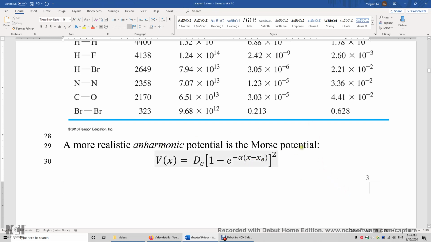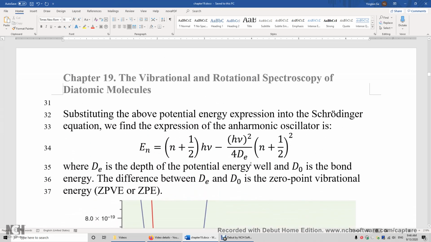All right, so if you look at this potential, it's not quadratic, so we say it's anharmonic potential. And then if you solve the Schrodinger equation with the anharmonic potential energy expression, you will actually get a similar expression for the vibration energy with a little bit of correction here.